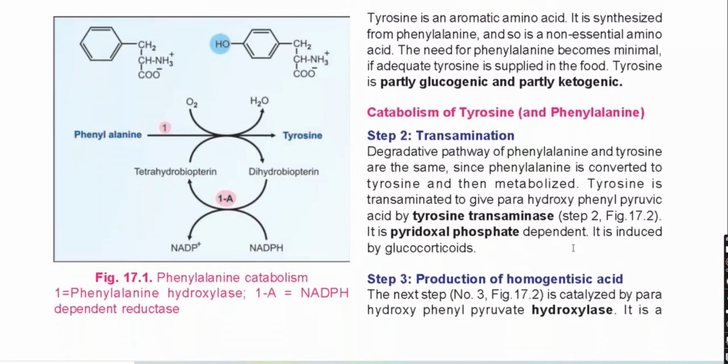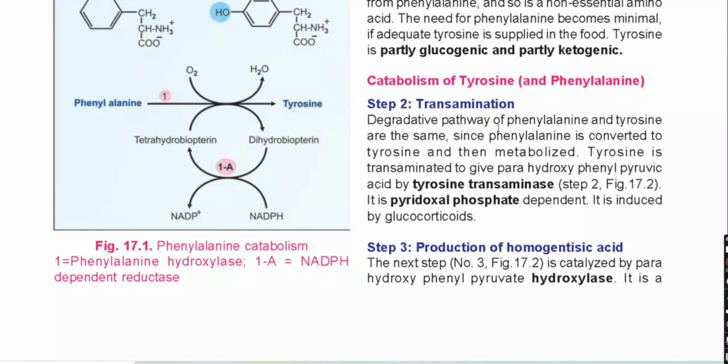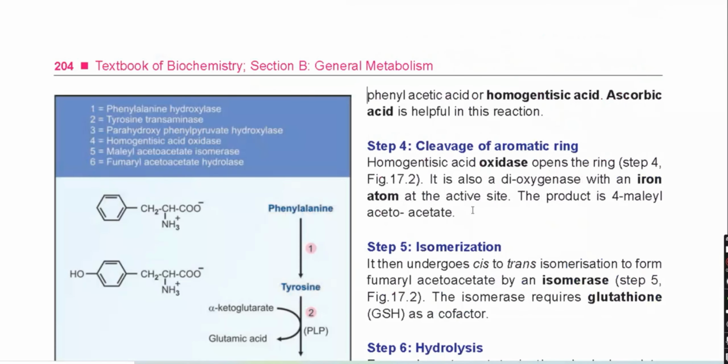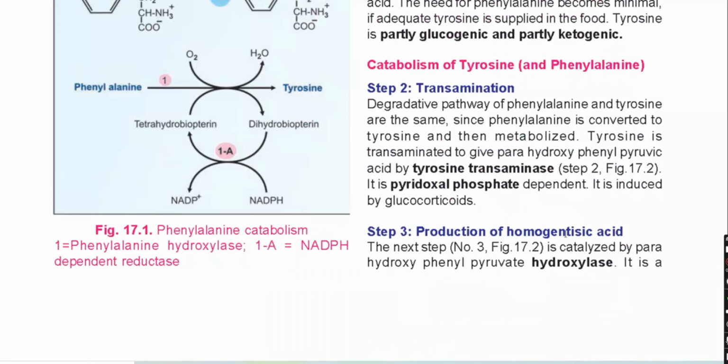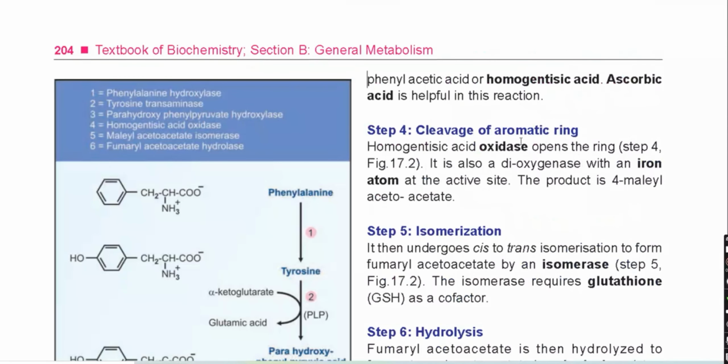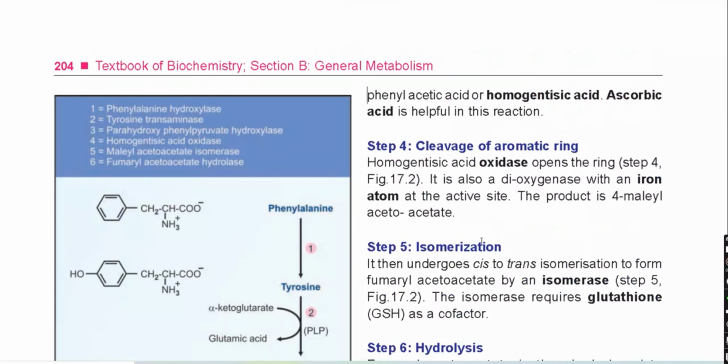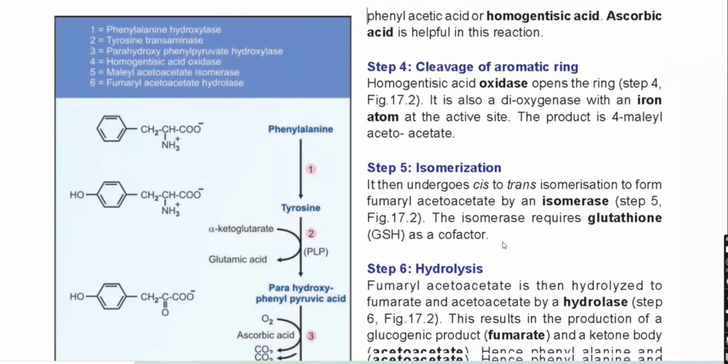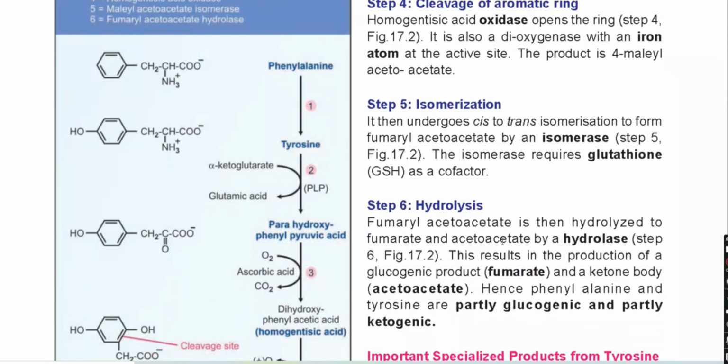Number one is the transamination process, then production of homogentisic acid, then cleavage of the aromatic ring, then isomerization, then hydrolysis, and after hydrolysis it will form glucogenic and ketogenic products. So this is the reaction sequence of phenylalanine.